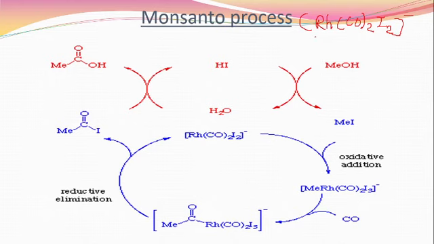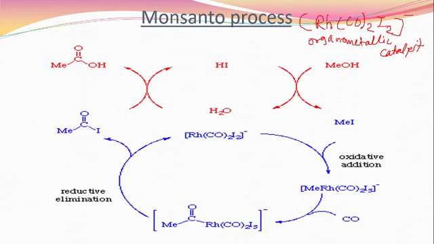This is the catalyst, and this catalyst is an organometallic catalyst. And here they form a homogeneous phase. That's why this is called a homogeneous catalysis.